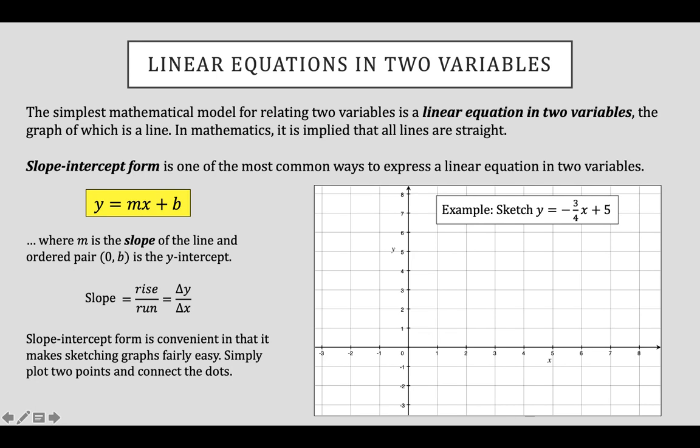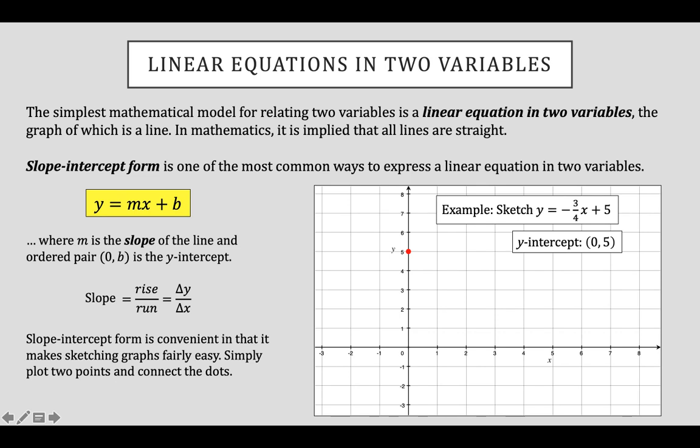Looking at this equation, we know what the slope is and we know what the y-intercept is. The y-intercept is the ordered pair (0, 5), which we can easily plot on our graph. That is 5 units up from the origin. We also know that the slope is negative 3/4.